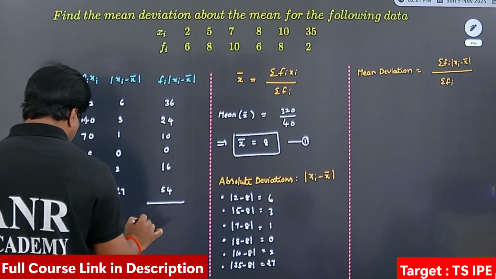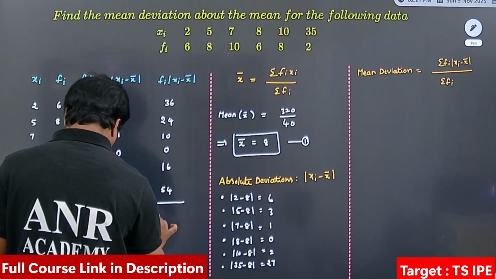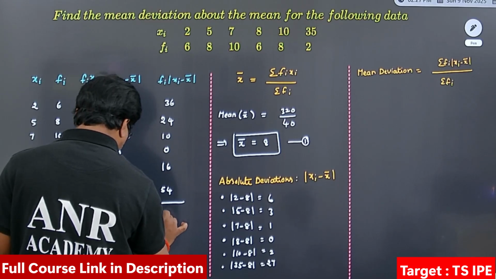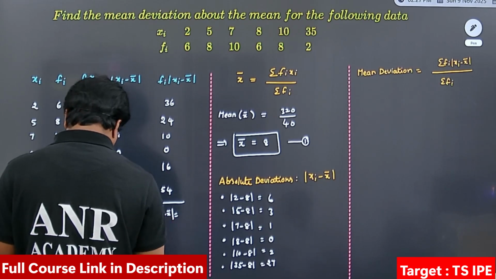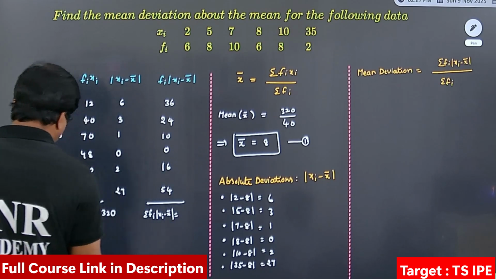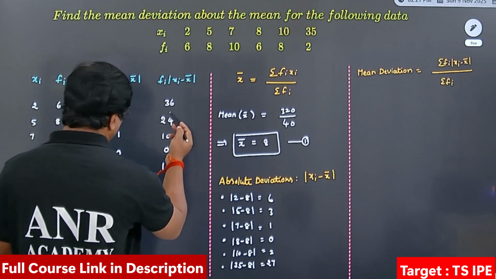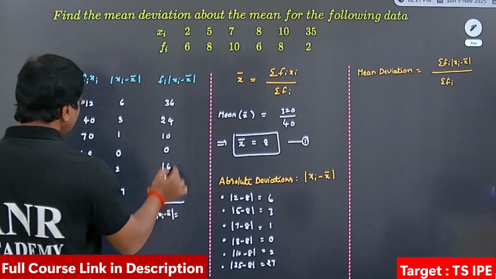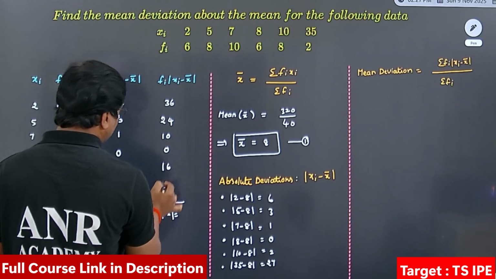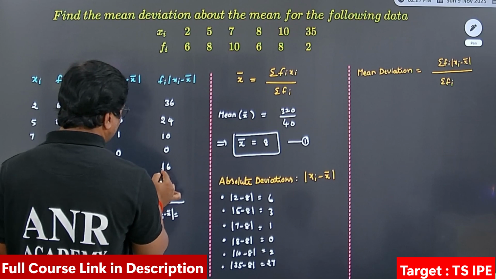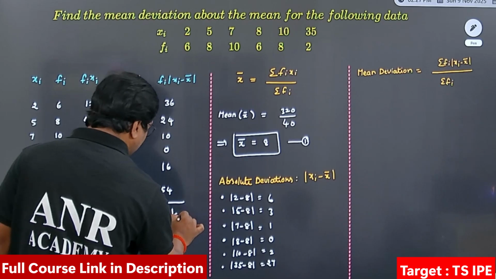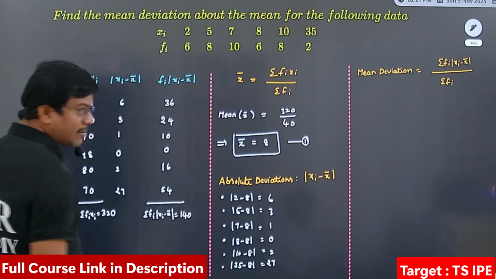Now here, summation fi mod xi minus x bar is required. Now you have to add all these. Yes, on addition, what do we observe? 36, 24, 60, 60, 10, 70, 70, next here 70, that is 140.